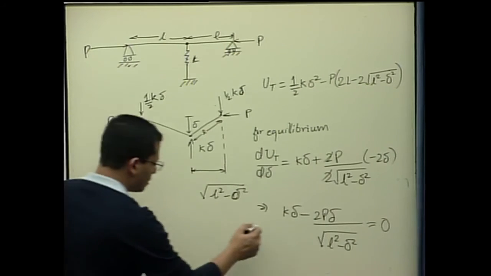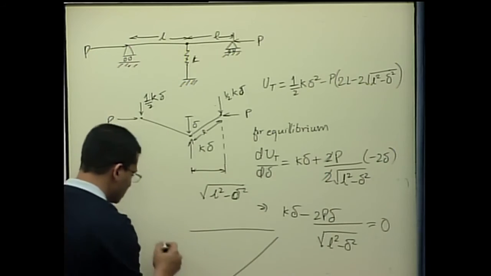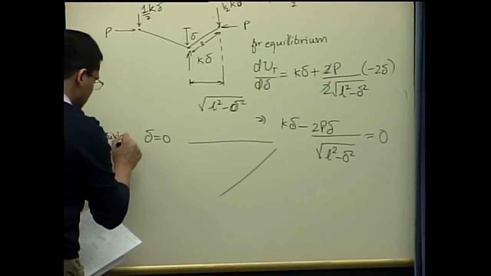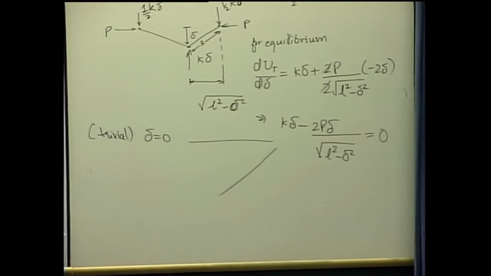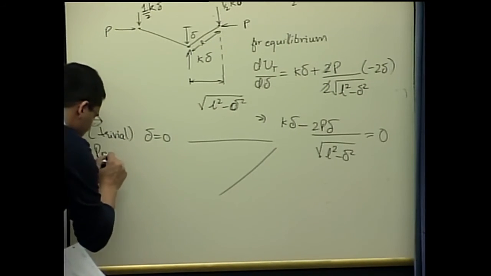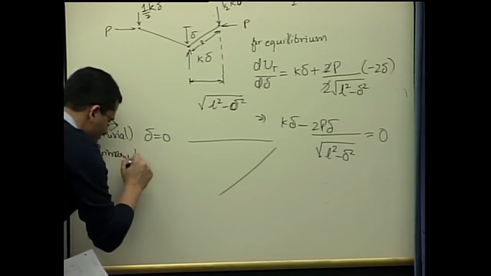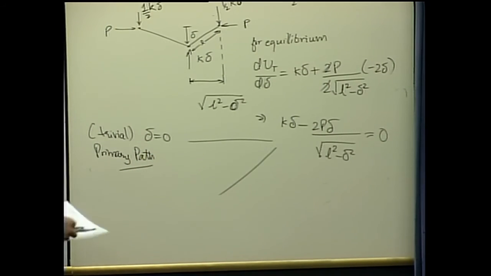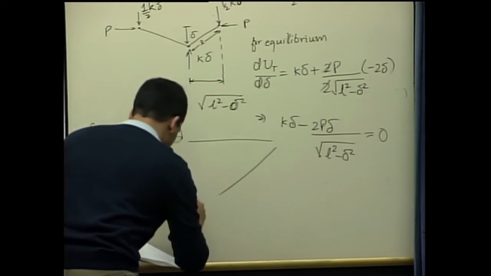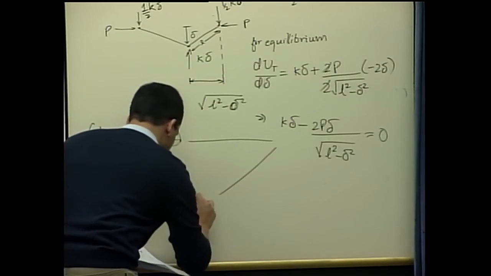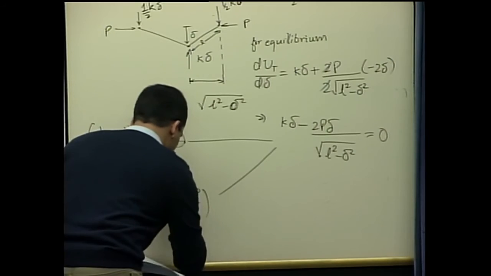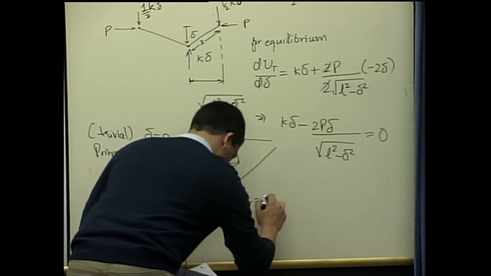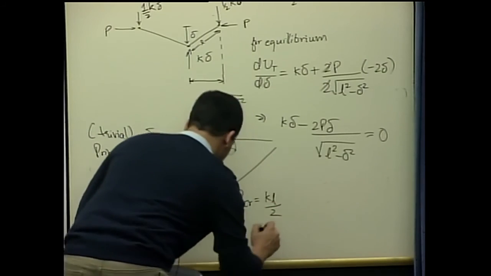So again we have two solutions. One is delta equals 0, and that's the trivial solution, or we call it the primary path. And then we have k minus 2P over L is equal to 0, where P critical is kL over 2.